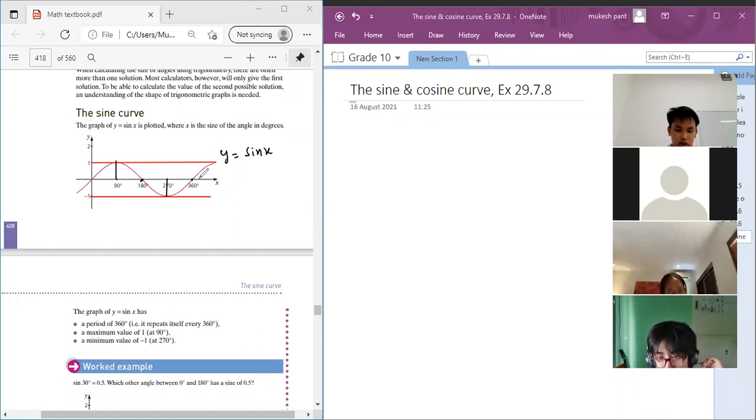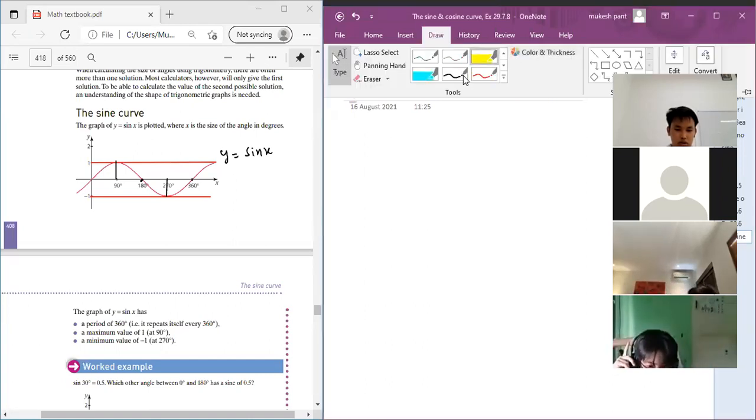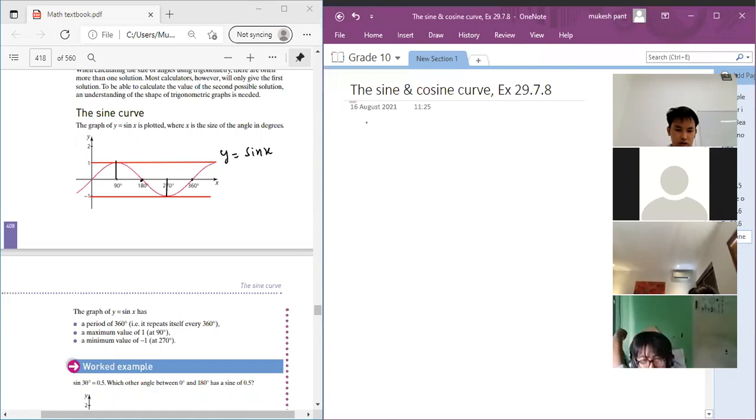But one more thing. I will write here now for sin x. Is it clear now for sin x? Yes. We have 90 at 1, right, sir? Right. We have y equals sin x.